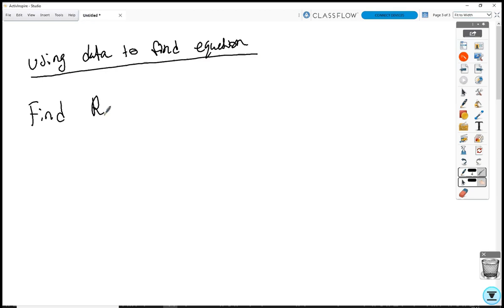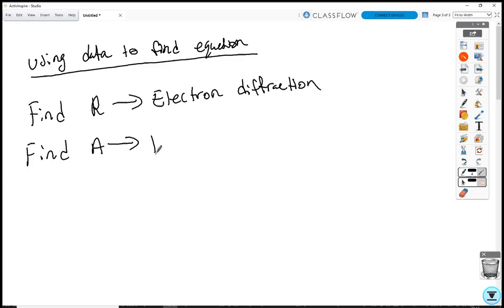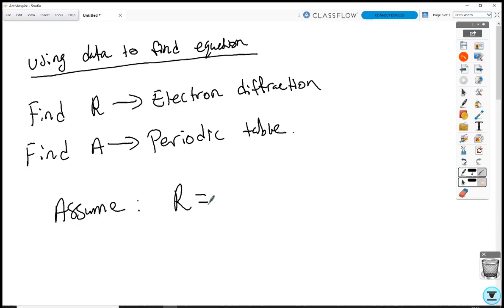So find R using electron diffraction. Find A from the periodic table. Then we assume that R is equal to K A to the power of N. Similar to what we did in thermal physics, we made an assumption and then we started to log it and graph it.